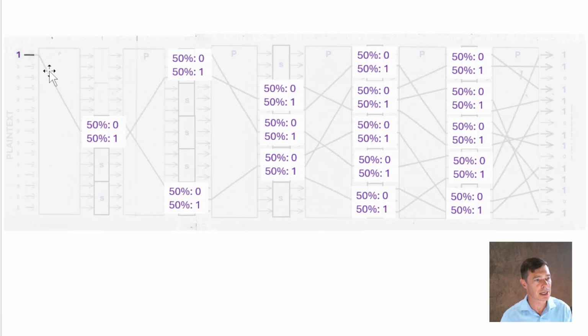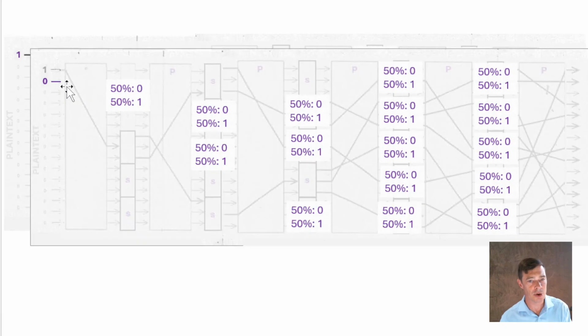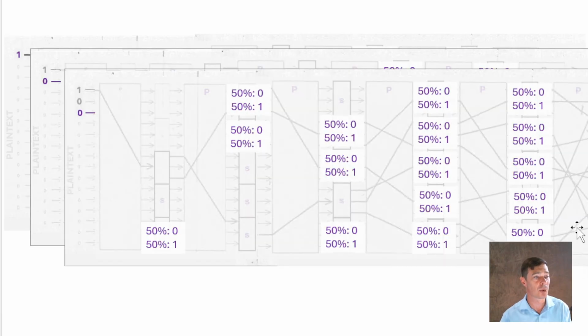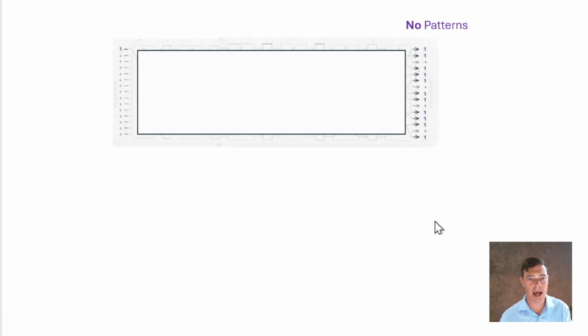And then think outside, going back to our starting bit, think outside this small example. The next bit is also doing this. Its pathway is going to look different, but it's fighting for a totally random number at the output, and so is the bit after that. So every bit is fighting for an output of 50-50 to be random, and random means that there are no patterns.